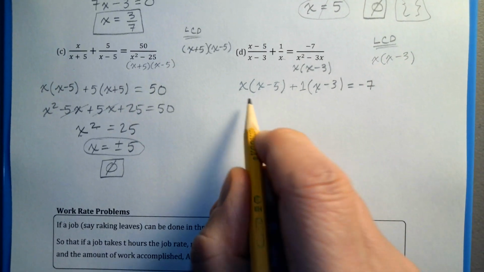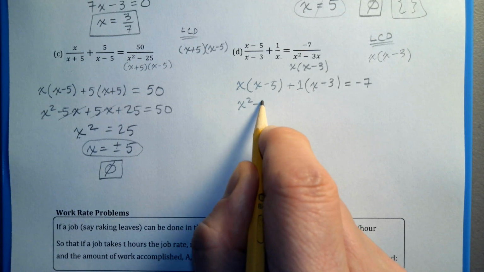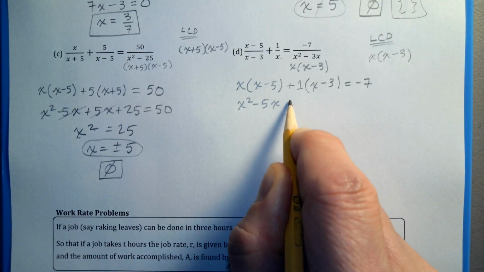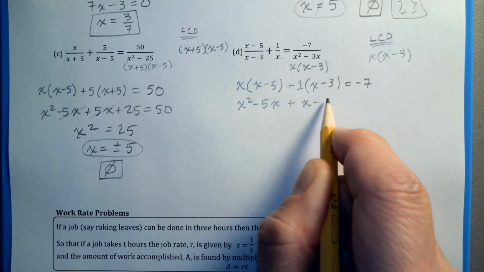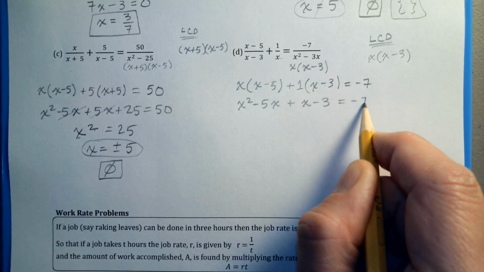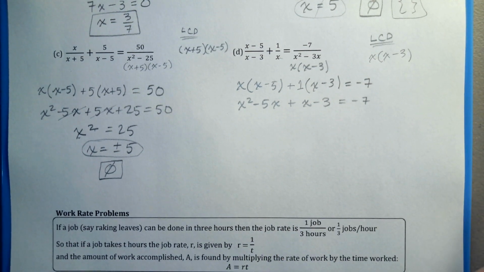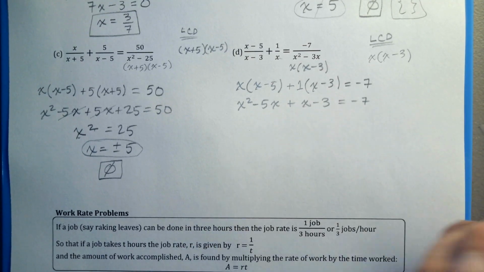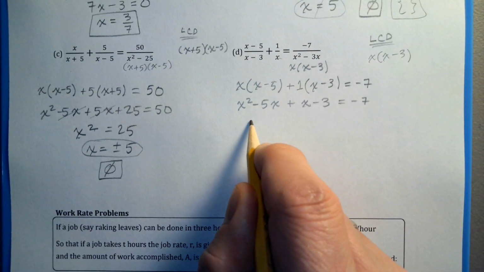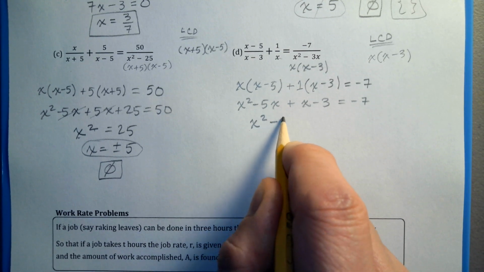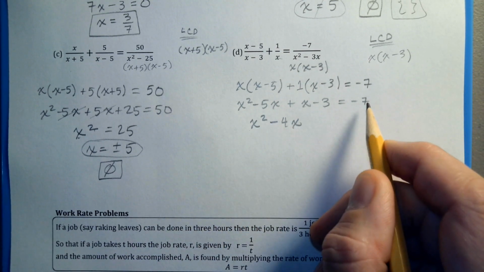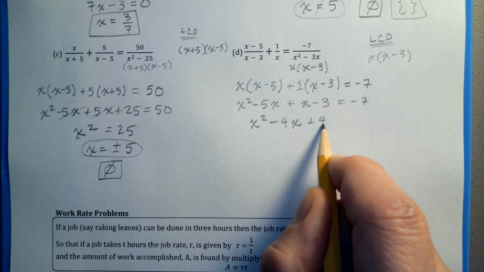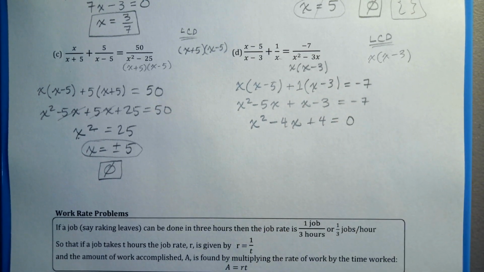Okay, when we distribute, we get x squared minus 5x, just plus x minus 3 equals negative 7. This one's definitely a quadratic. We want to combine like terms and bring things over. We end up with x squared minus 4x plus 4 equals 0.